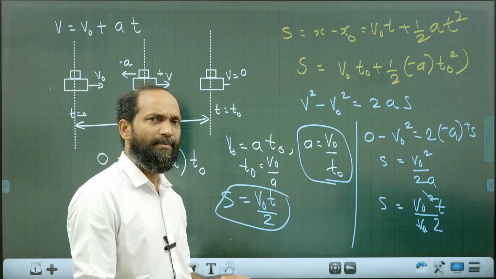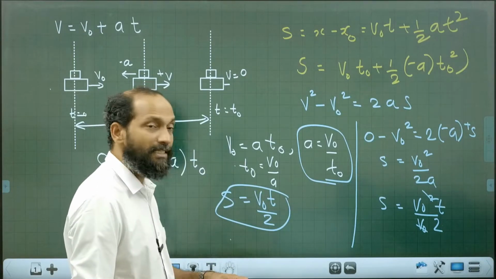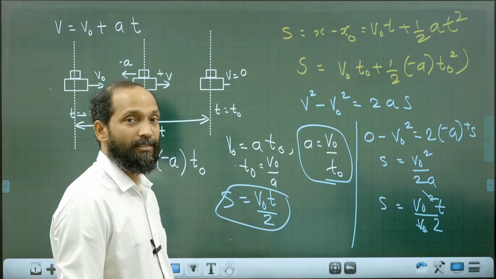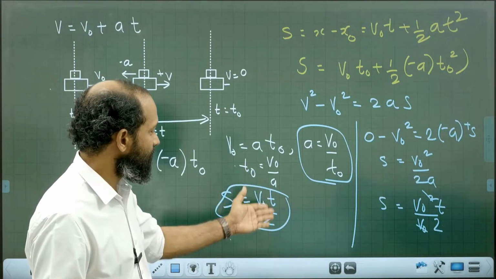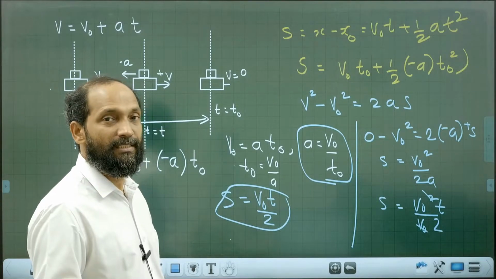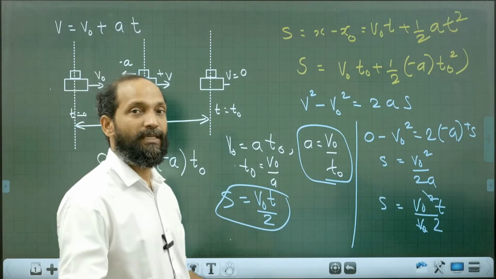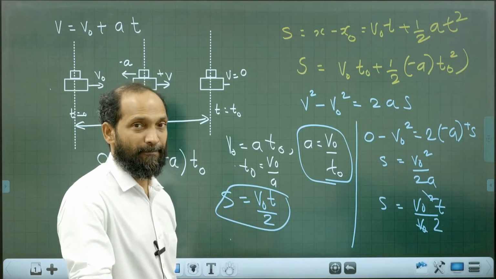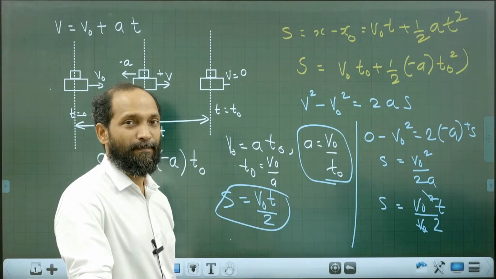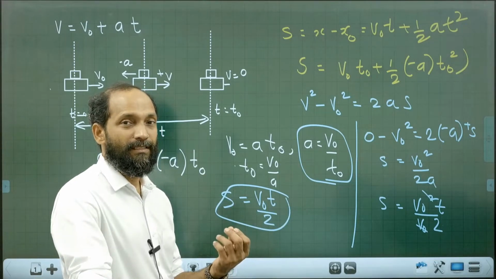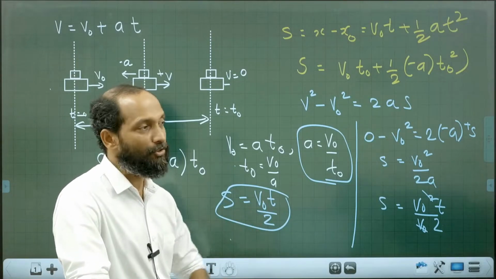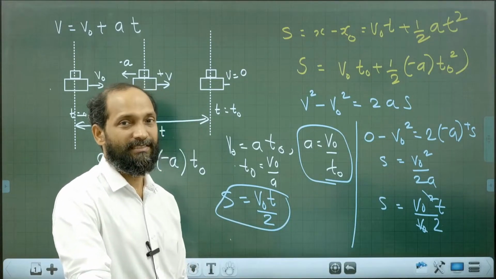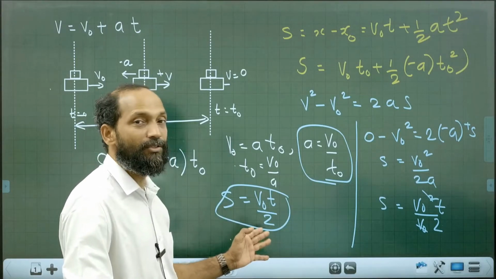What is the time interval after which it gains a speed of v0, over what length? Length is equal to v0 t by 2. A person picks up a speed of 6 meters per second from rest in 3 seconds. Then what is the minimum length of the track required for an athlete? That may be asked. Then s is equal to v0 t by 2.